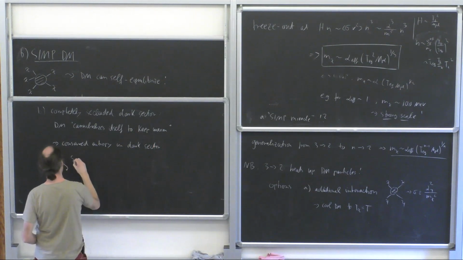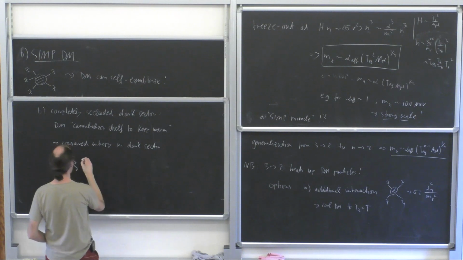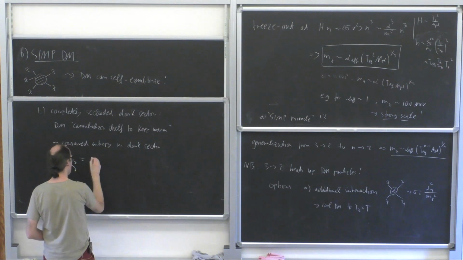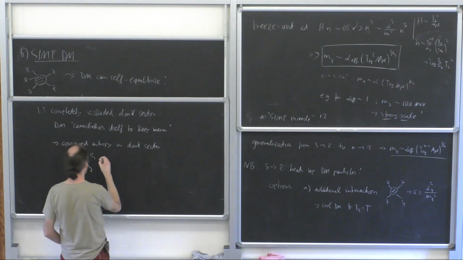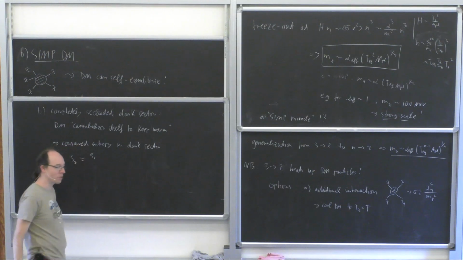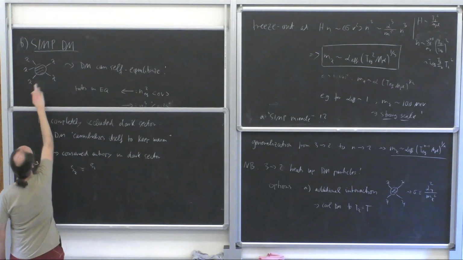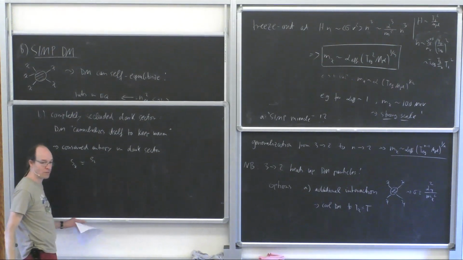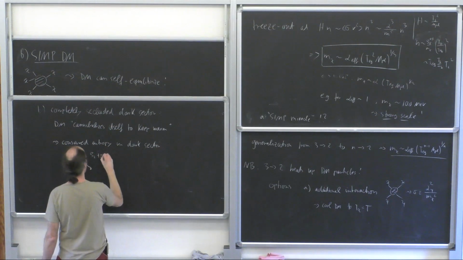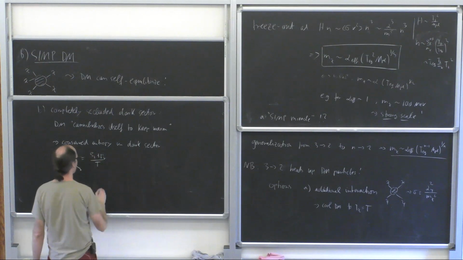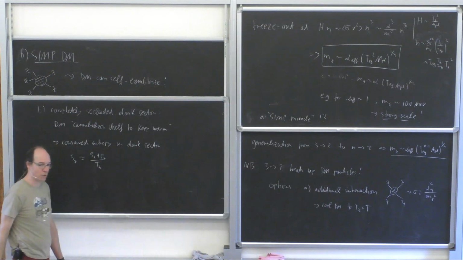So let's denote it with a small s. In general, talking about entropy only makes sense in equilibrium, but by assumption, this kind of diagram equilibrates the dark sector. So then the entropy is given by this expression.